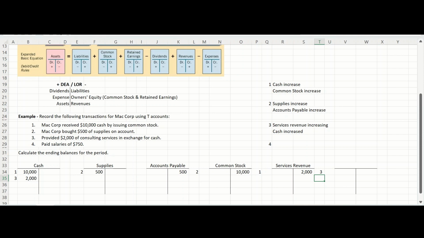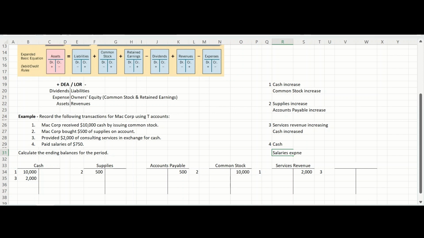All right, lastly, we have salaries being paid by the company of $750. Well, if salaries are being paid, that means cash is going out. Also, salaries being paid means that we're showing an expense related to salaries, so related to our employees.